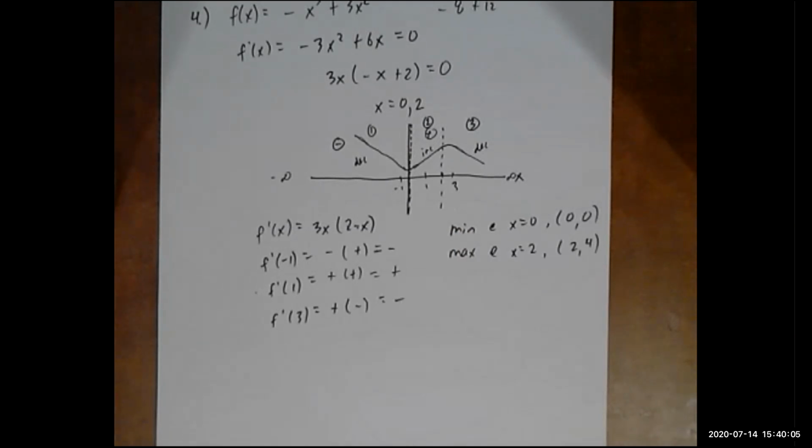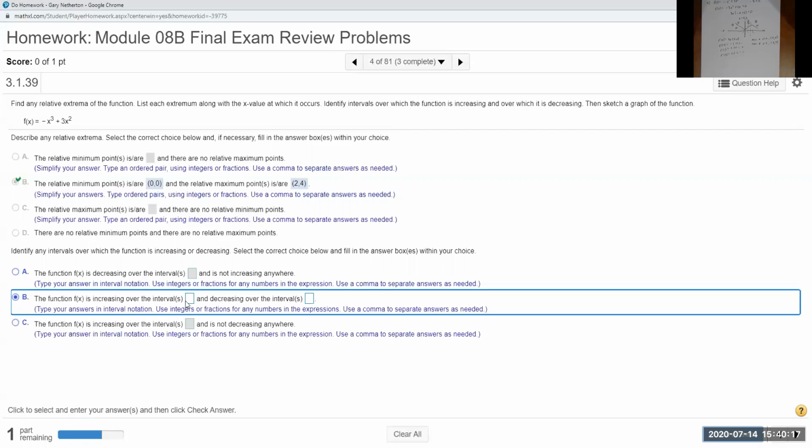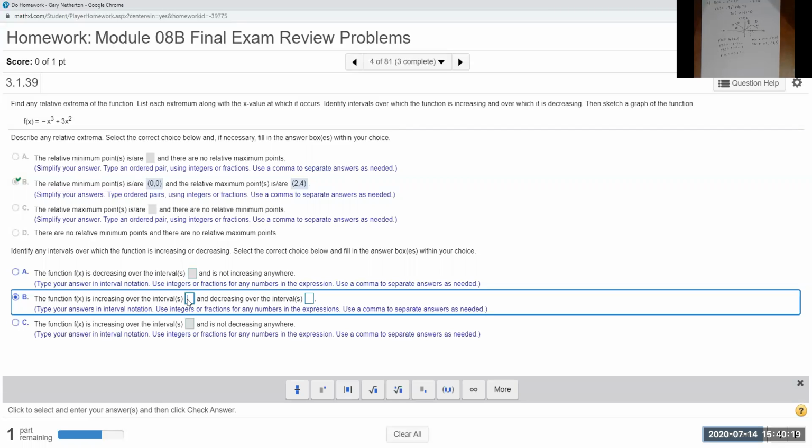So let's go back and try to fill in the answers. So I have decreasing and increasing, and these are intervals. Increasing went from 0 to 2.